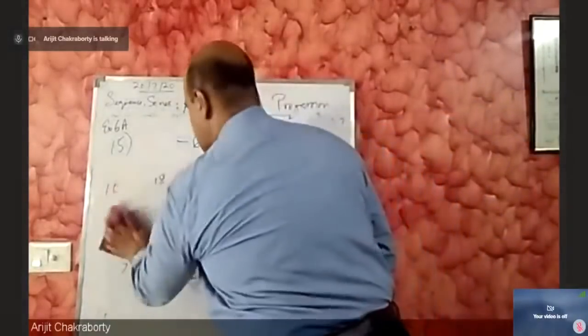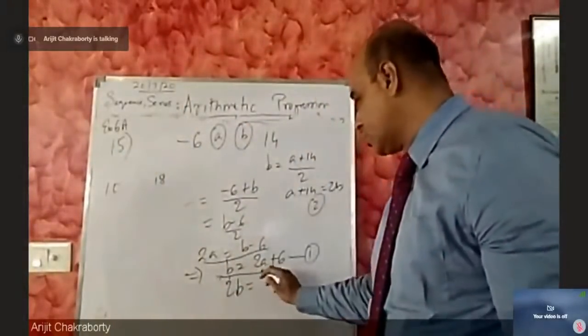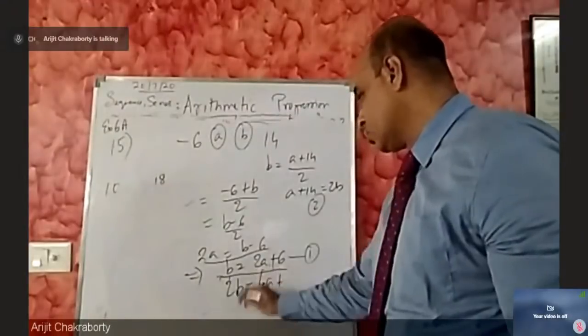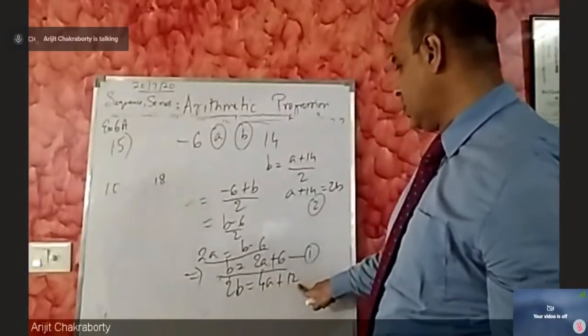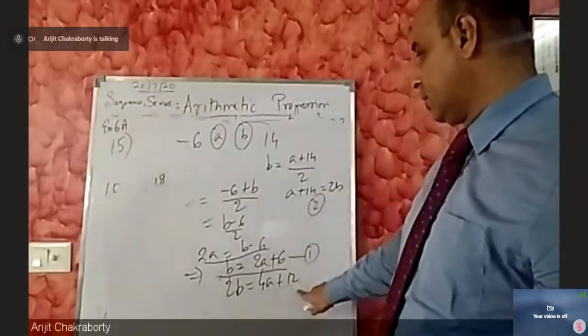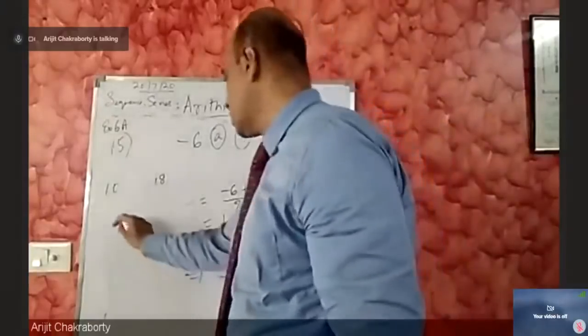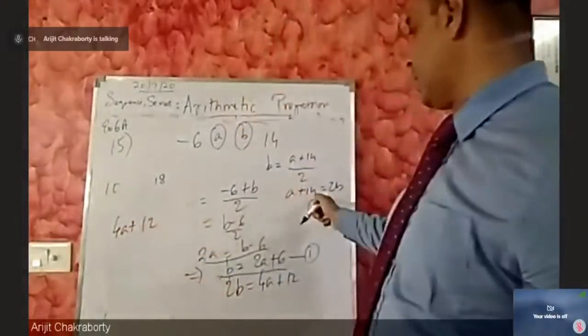So what I do is I just multiply by 2. So I get 2B equal to 4A, 2 into 2 is 4A, plus 12. So I get 4A plus 12 here, and I get 2B equal to A plus 14. So now the equation is 4A plus 12 is equal to A plus 14.